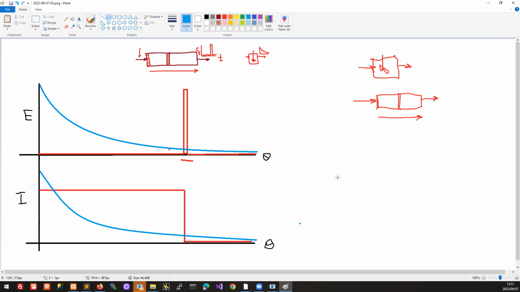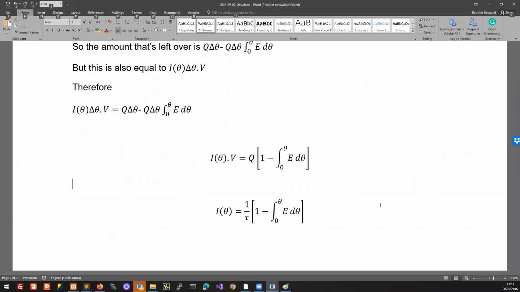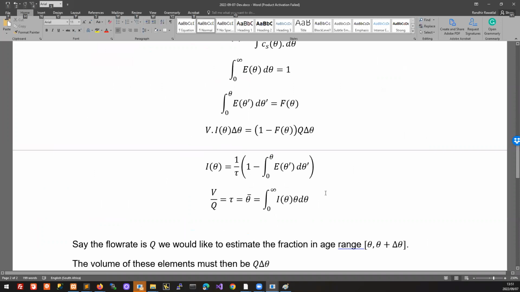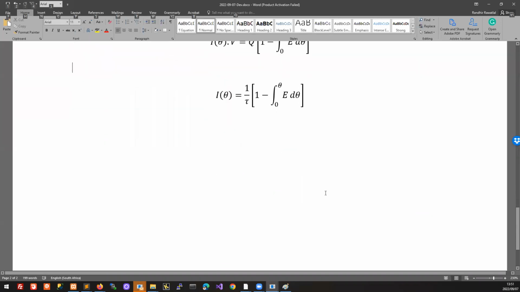So this was all us just kind of guessing our way through it. Let's see if we can derive this. You could say, well, isn't this all very practical and you need to take tracer? How are you possibly going to derive this?